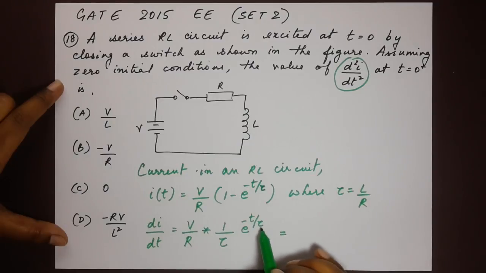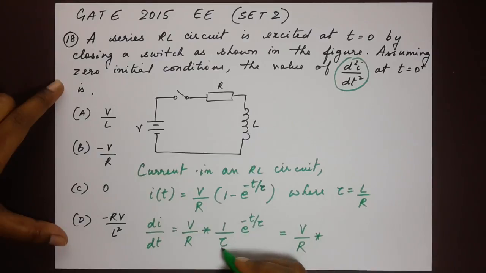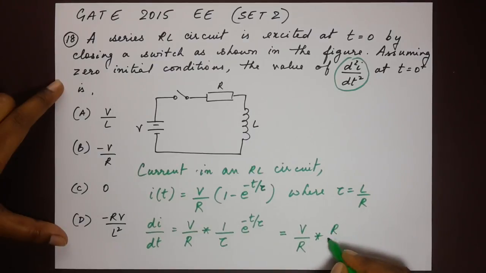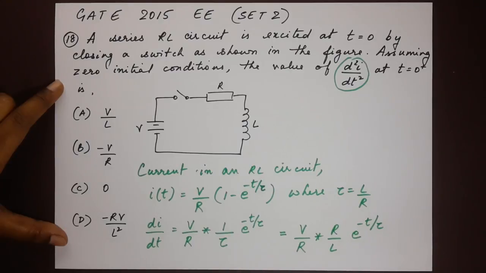Let's not substitute it here in the exponent. We'll substitute it here alone. So if we write here L by R and R cancels out, which leaves us with, let me note that down, V by R into 1 by tau, that's R by L, e to the power minus t by tau. I hope that makes sense so far.